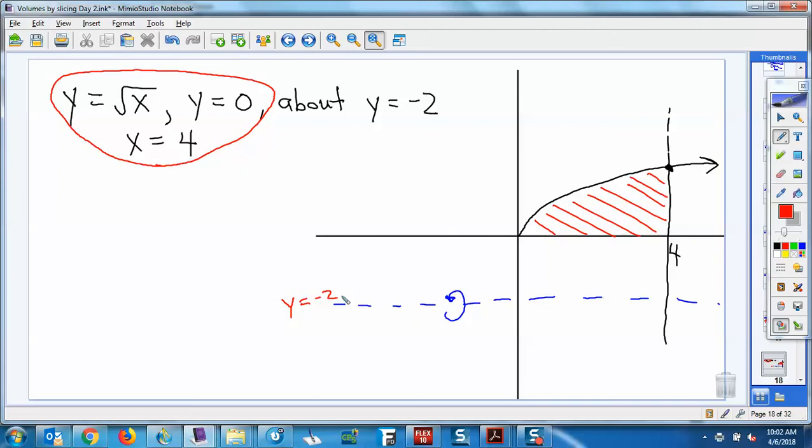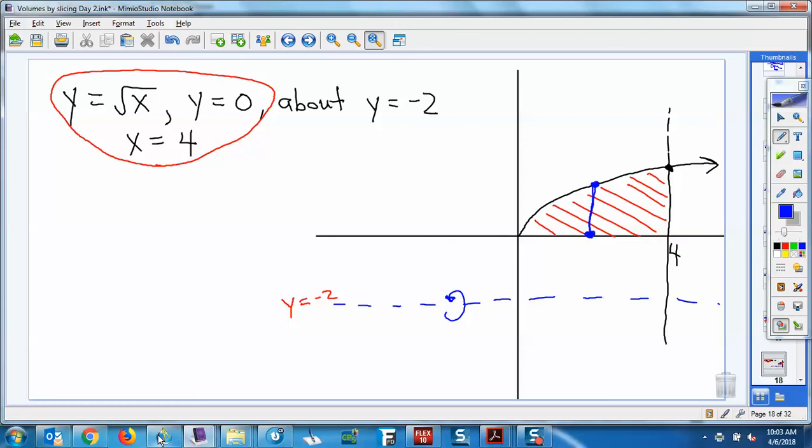Okay? Now, this, I think, is the picture I showed you the other day. Pretty much. Right? What is your slice going to look like when you make this revolution? Cody's got it, right?